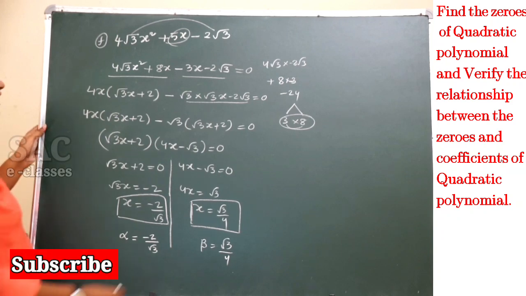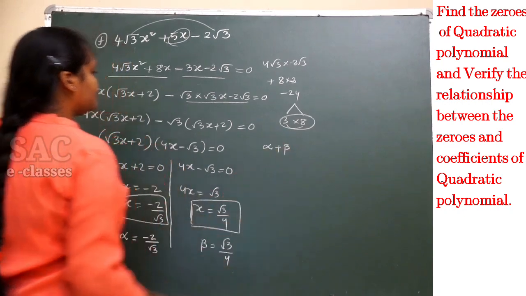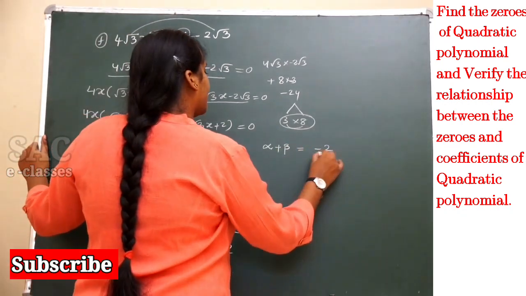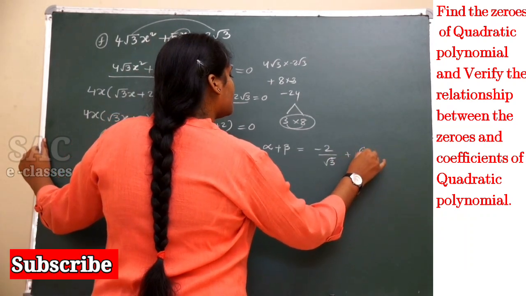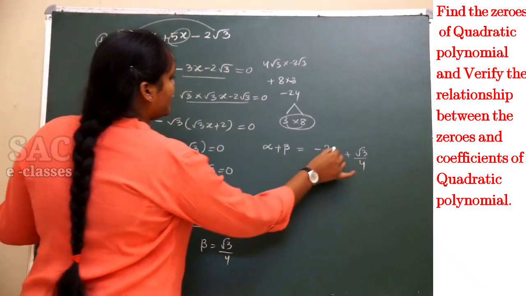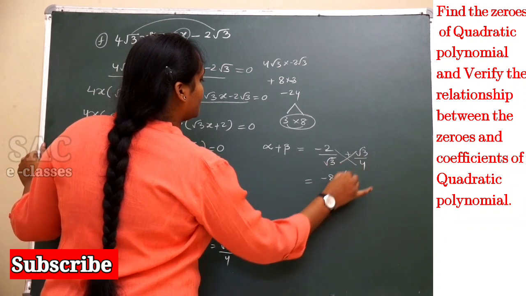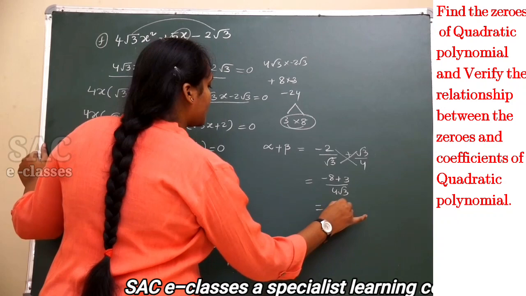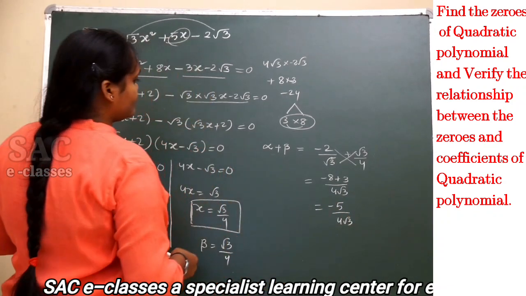For finding the relationship, just find alpha plus beta, which is equal to minus 2 by root 3 plus root 3 by 4. Let us simplify it by cross multiplying. Minus 8 plus root 3 into root 3, 3, by 4 root 3. So clearly minus 5 by 4 root 3.